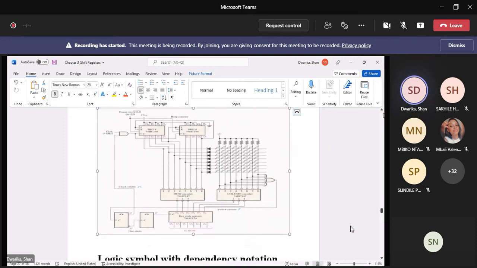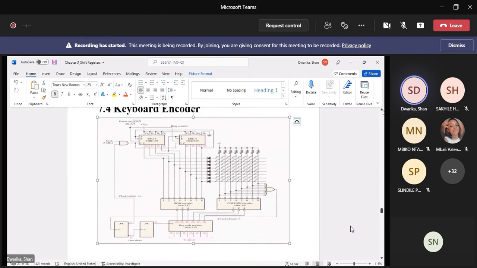So here what we have is a keyboard encoder, representing all of the positions on a keypad. So you've got your alphabets from lowercase to uppercase, your numbering, your symbols, etc. And each one of them is associated with a binary code within the computer itself.